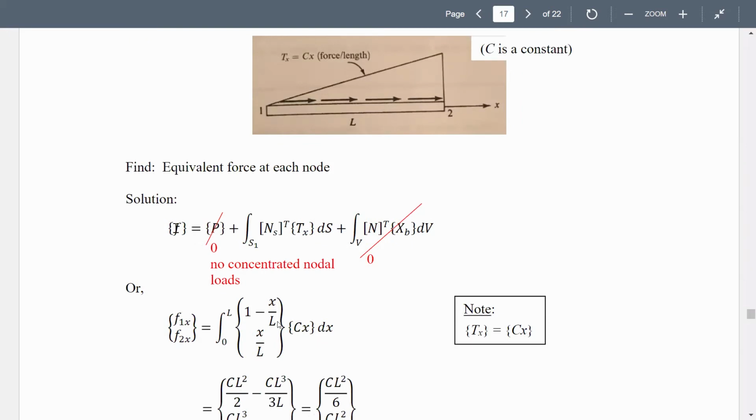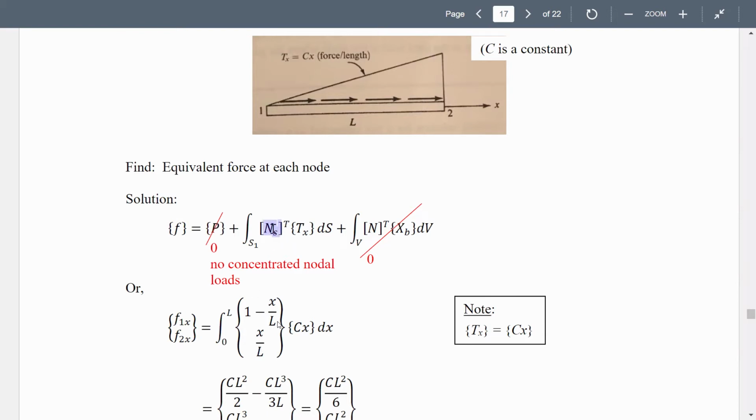This F actually represents F1x, F2x. These are nodal forces: force at node 1, force at node 2. The shape functions, 1 minus x over L and x over L, are the transpose of this shape function matrix.